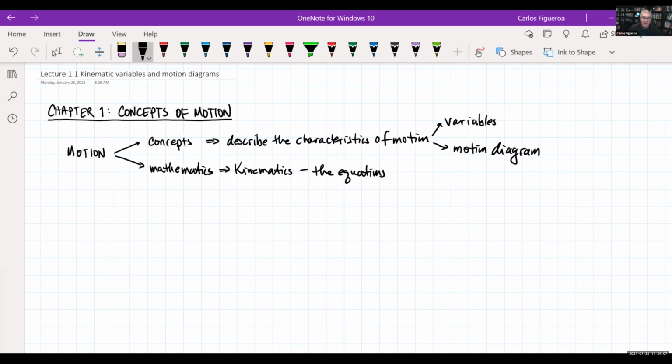But again, the only way you get to the right equation is you've got to start with the concepts. So this really tells me that I should probably tell you what the difference is between physics and mathematics.